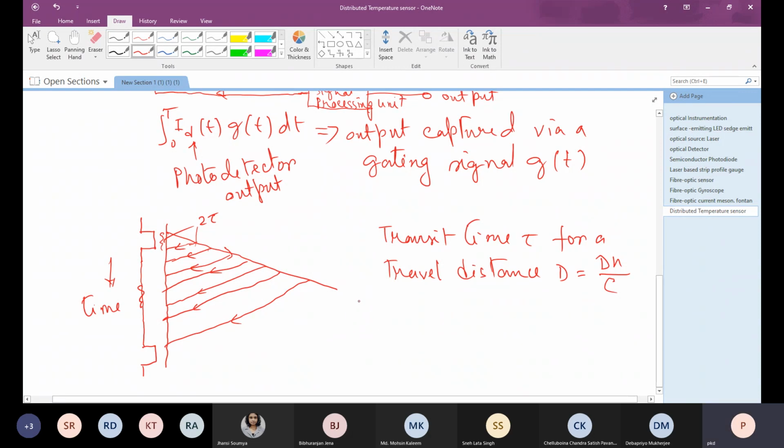the resolution depends on the pulse width.